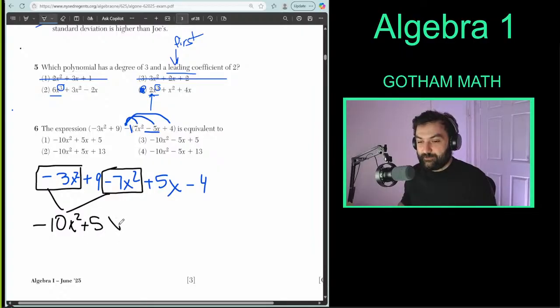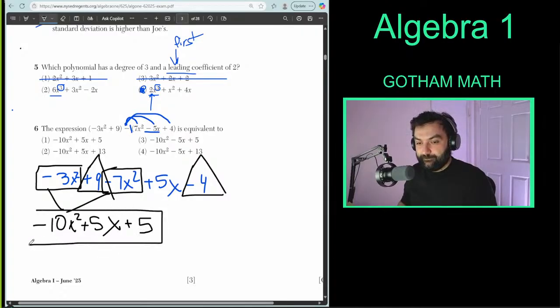Plus 5x. And now plus 9 and negative 4 are like terms, which will smoosh together into a plus 5. And that's the answer. Where is it? It's here. Number 1 is the answer.